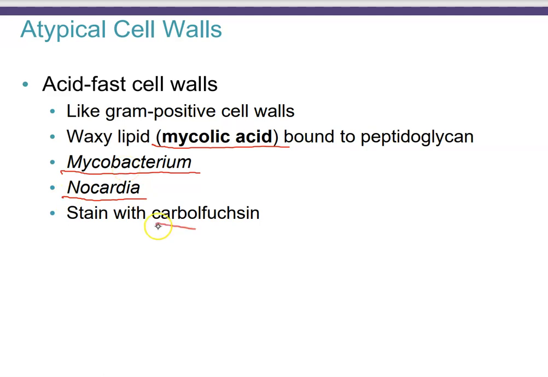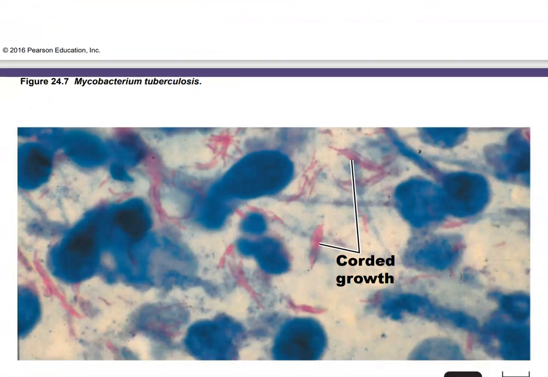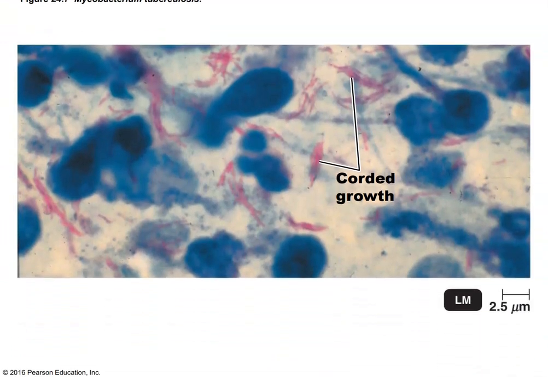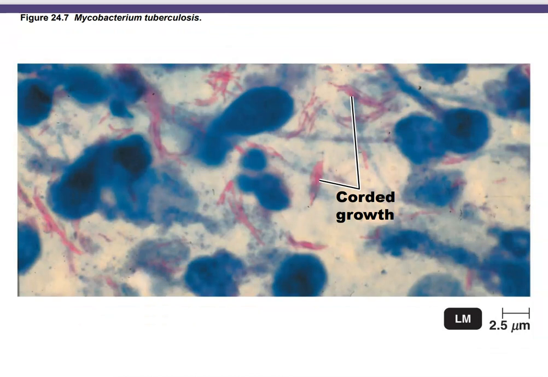You can stain them with carbolfuchsin. And here is a stain. Carbolfuchsin is a reddish stain. You can see acid-fast bacteria, and they retain the dye even if you wash these cells with acid alcohol. Therefore, we call them acid-fast. Normally, even gram-positive cell walls, if you hit them with acid and alcohol, will lose their dyes.